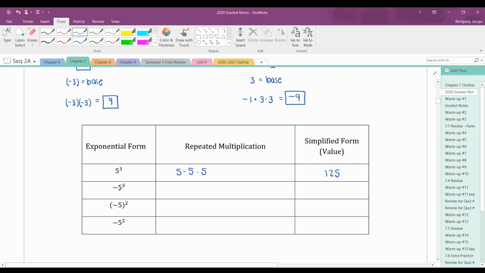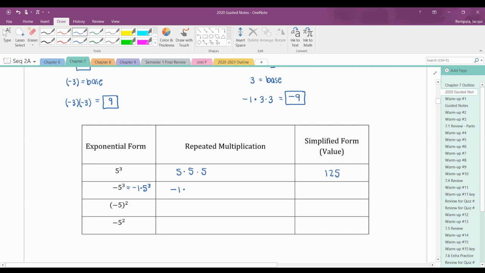If I look at the next one, we have a negative and then 5 to the third power. But notice that there are no parentheses. So I need to think of this as -1 times 5 to the third power. So when I'm thinking about writing my repeated multiplication, I keep the -1, and then I notice that it's just the 5 that is the base.